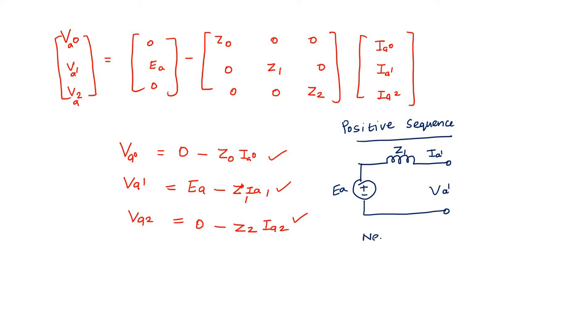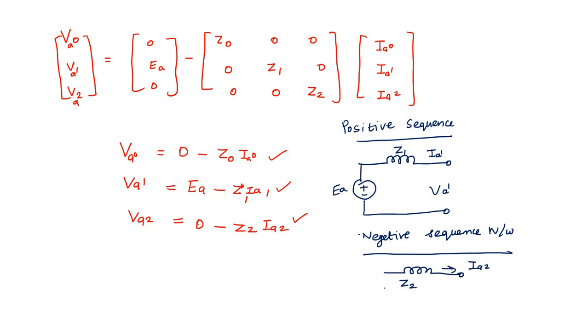And I am going to draw the negative sequence network. In a negative sequence network, there is no voltage source. Only we have the impedance Z2 and here IA2. This is positive negative VA2.